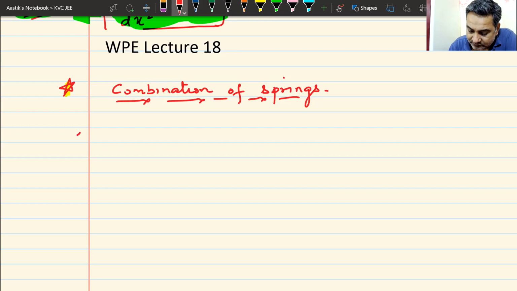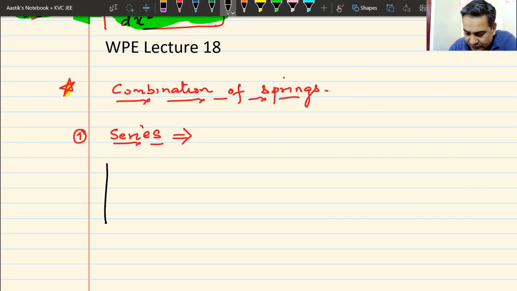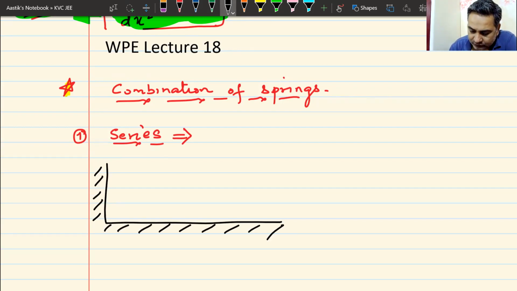the first type of combination that we are talking about here is known as series combination. What do you mean by this series combination? I hope you are noting it down together with me. This is a wall and floor, and I have two springs.